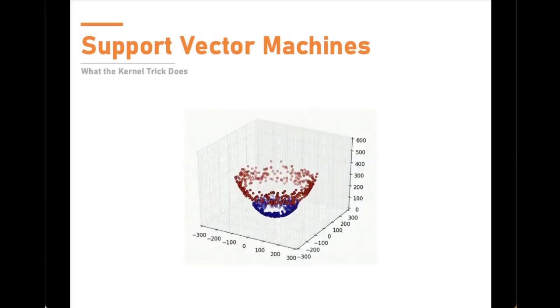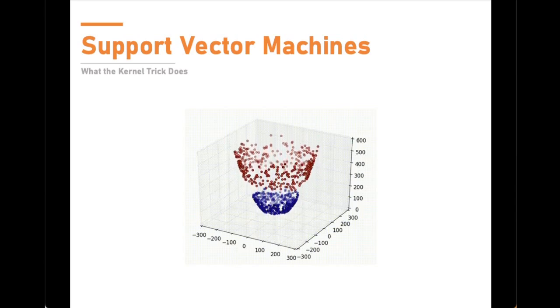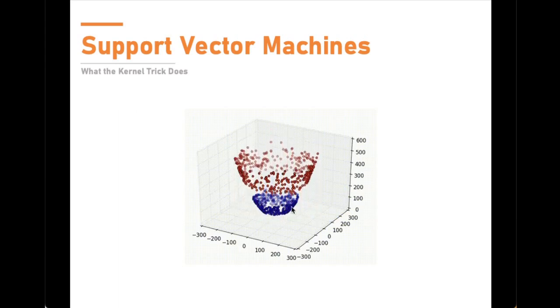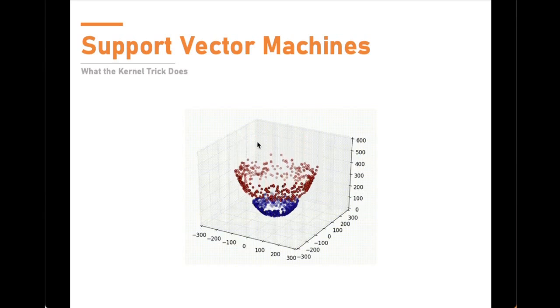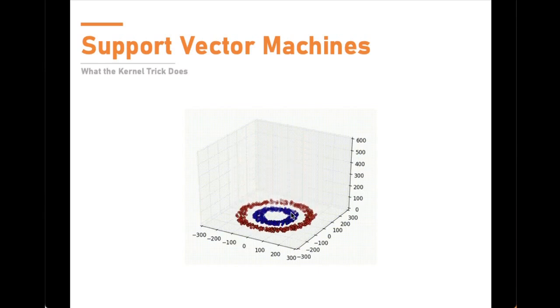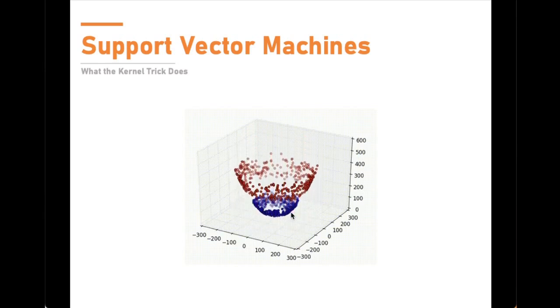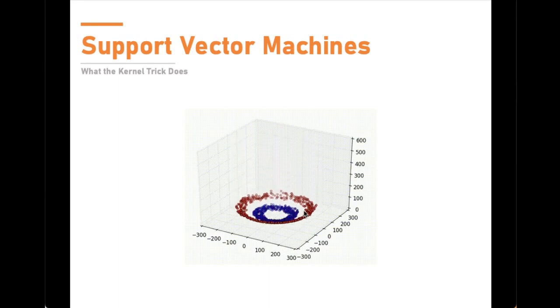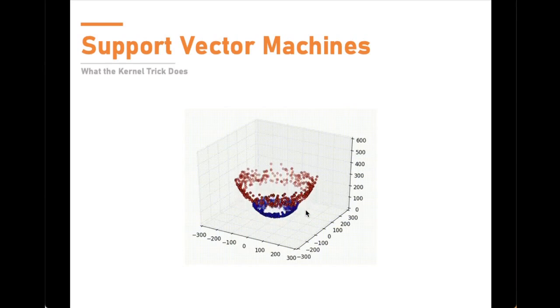And here you can see what the kernel functions do with that data set. And then when points reach this format, we can easily find a single line, a hyperplane, that separates the data points into two sets.